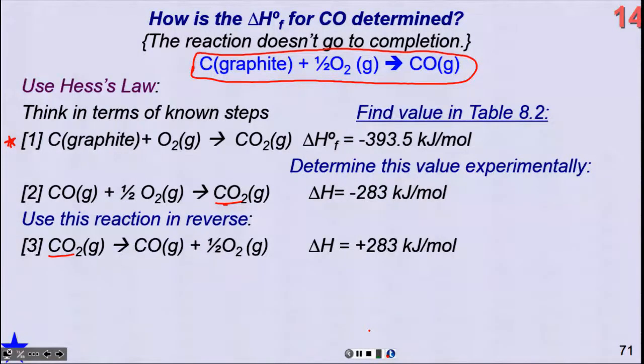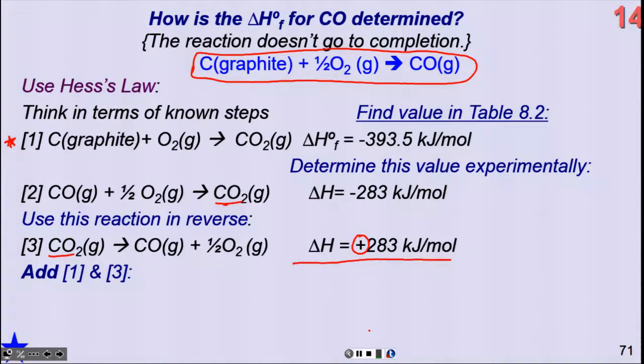So graphite has to be on the left side, and the CO2 has got to be canceled out by using this reaction number 3 with CO2 on the left. Then, notice that when we reverse the reaction, the enthalpy change for that reaction has the reverse sign. You combine the two, and whoops, sorry, let's do it here.